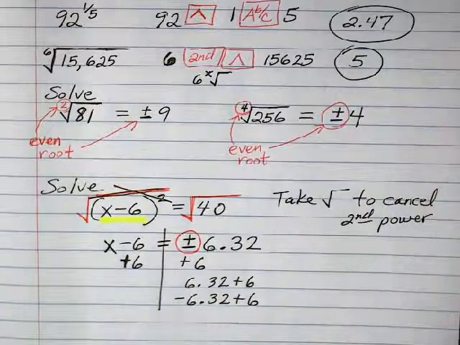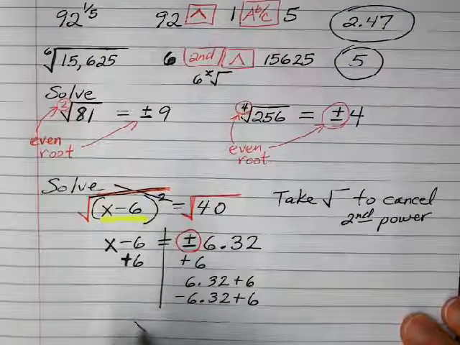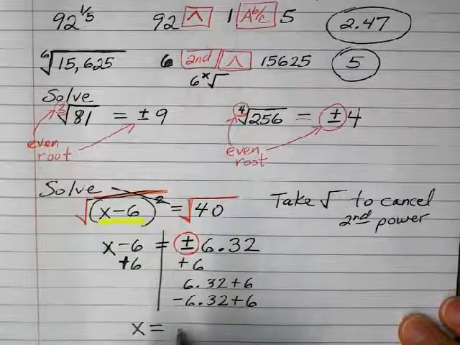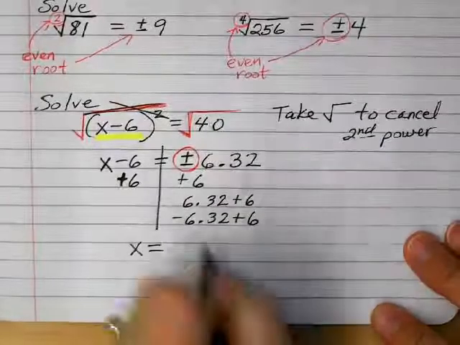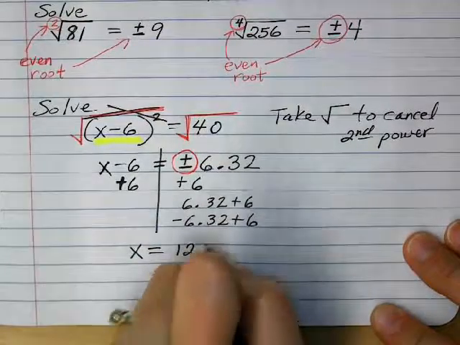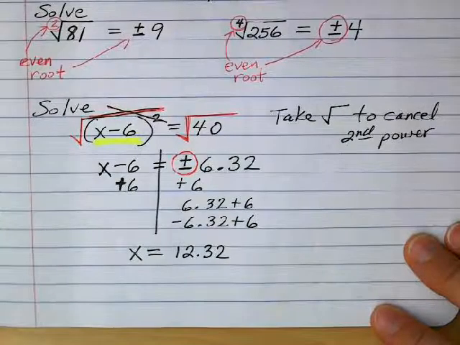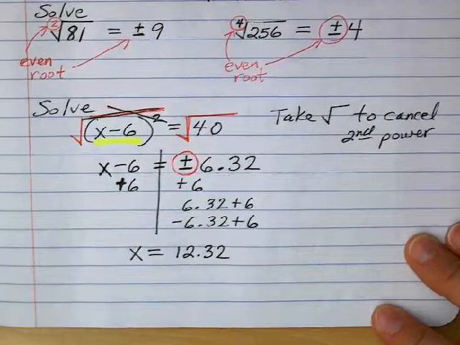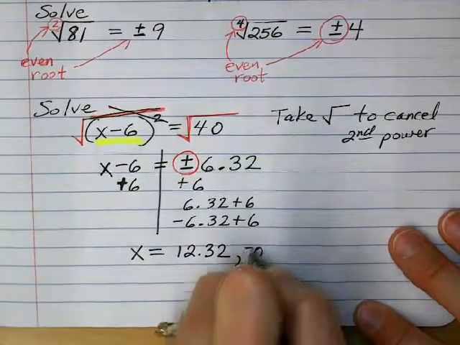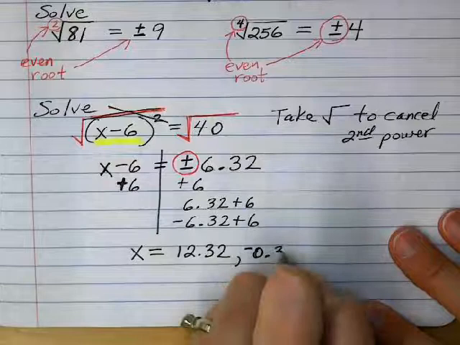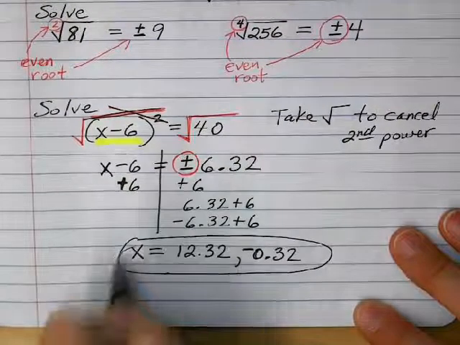So if you add 6, you're going to get 2 answers. 6.32 plus 6, that'd be 12.32. And what's negative 6.32 plus 6? Negative 0.32. So see, you get 2 answers, 12.32 and negative 0.32.